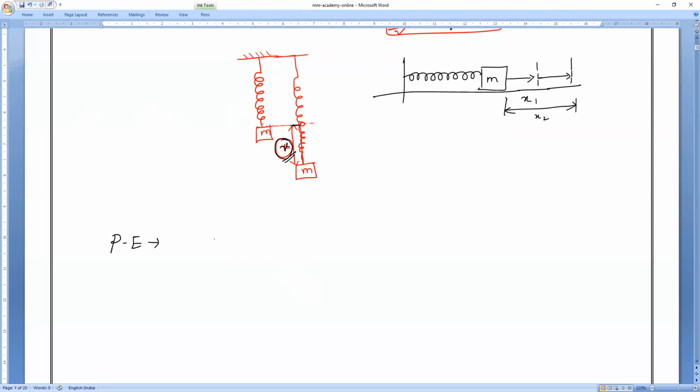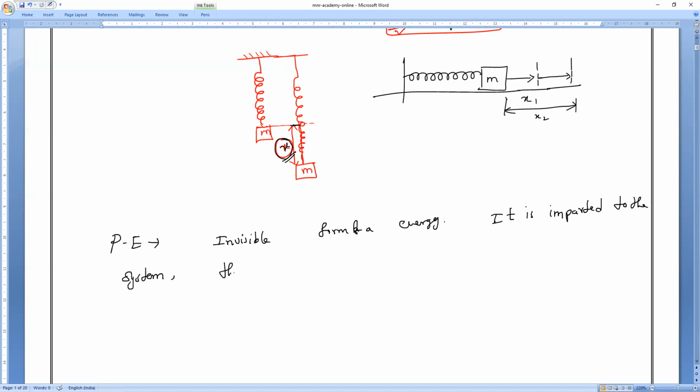Potential energy is actually an invisible form of energy. It is imported to the system, not to that particular body.